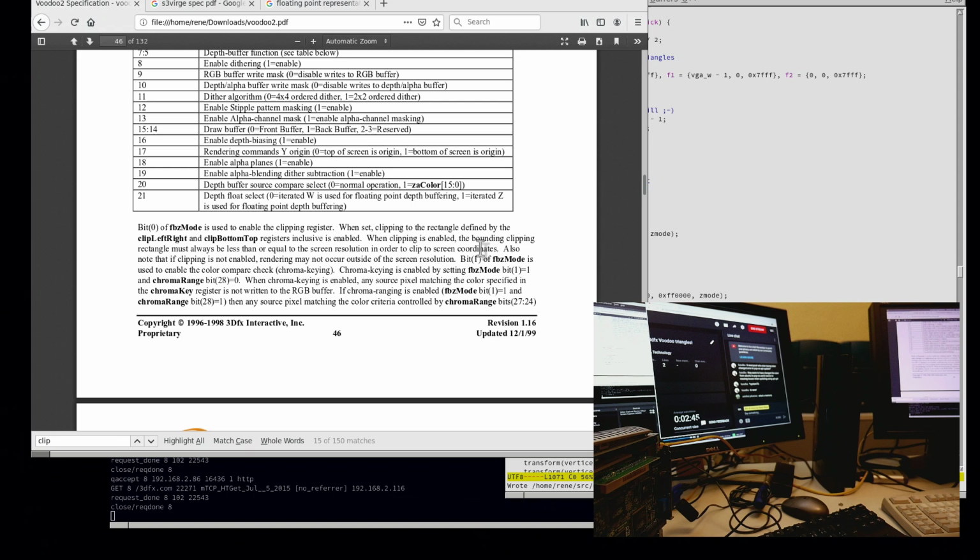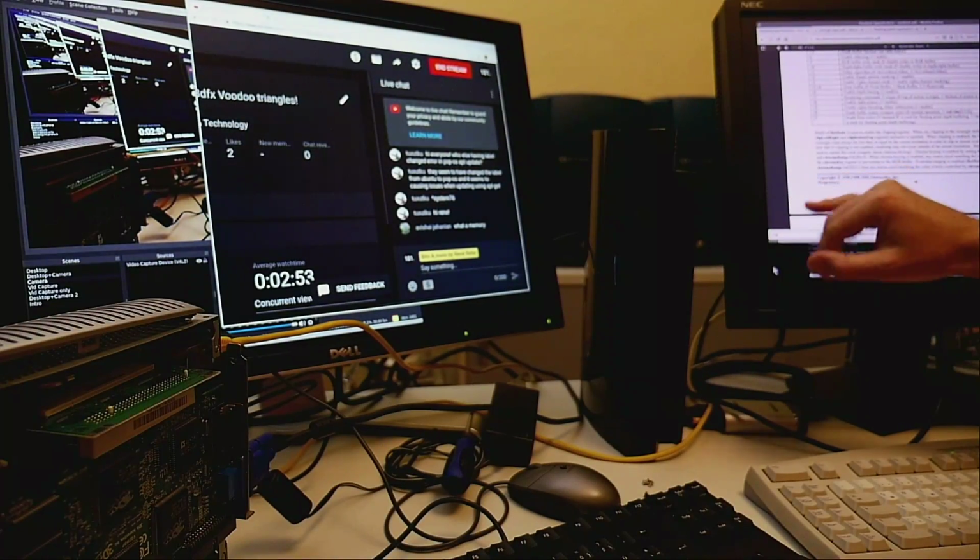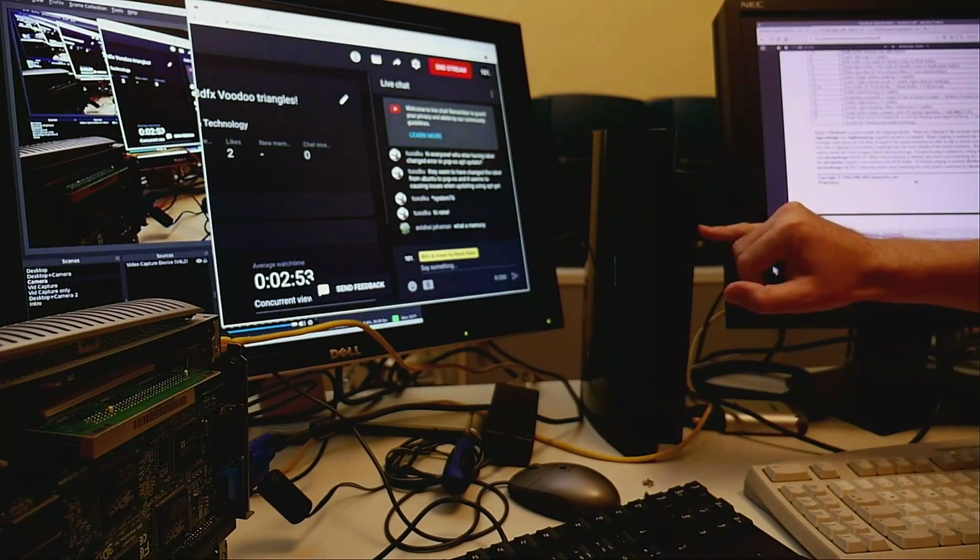If you draw a huge triangle on the Virge, not only do you need to clip it, because the Virge can only have starting coordinates that are in the visible buffer. They cannot be negative. If the triangle on the Virge would start here, you would need to pre-clip the vertex coordinates to a visible coordinate, so it cannot be negative.